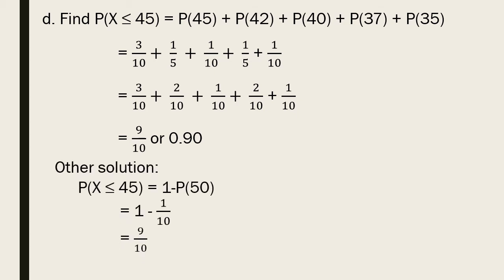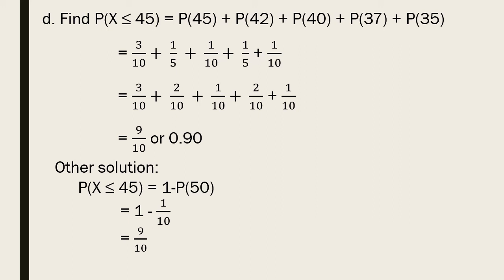Another way of solving this, as you can see, lahat ng binigay na probabilities dito ay 5. Isa na lamang yung natitira. And we all know that in the property of probability, the total number of probabilities must be equal to 1, or the summation of the probabilities must be equal to 1.